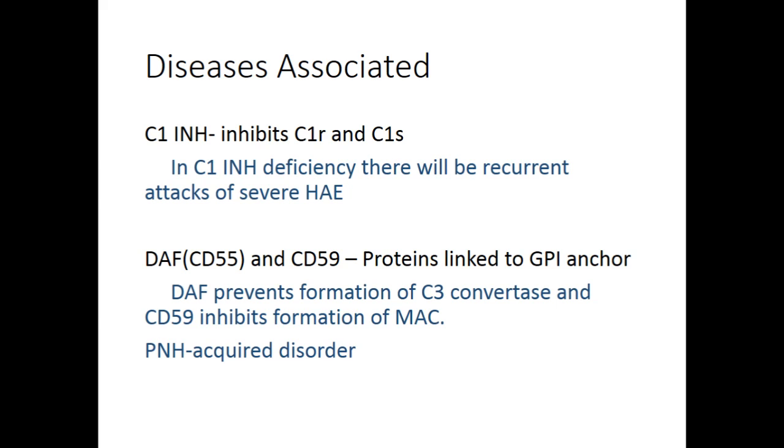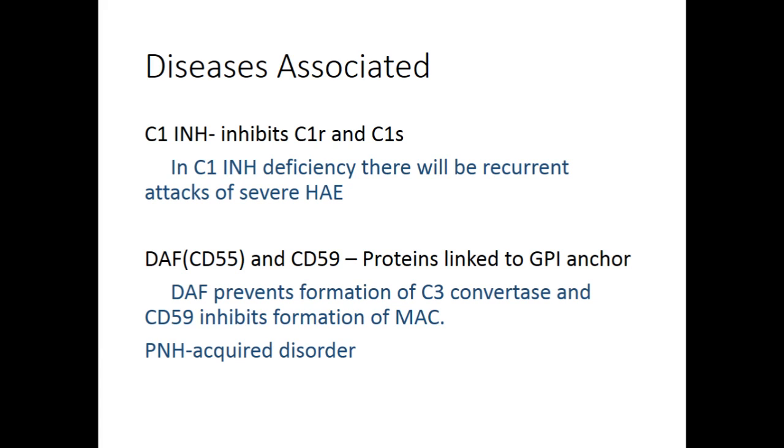Now CD55 and CD59, of which CD55 is also called decay accelerating factor. These are proteins that are linked to the GPI anchor. The GPI anchor is a protein that links to the surface of the RBCs, and to this GPI anchor, CD55 and CD59 are attached. The decay accelerating factor CD55 prevents the formation of C3 convertase.